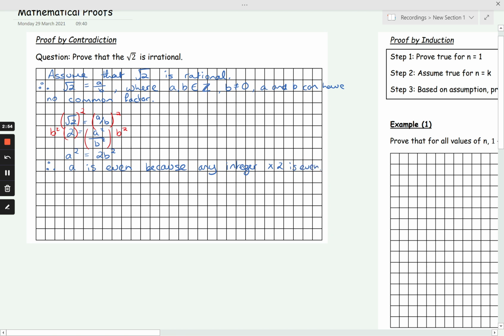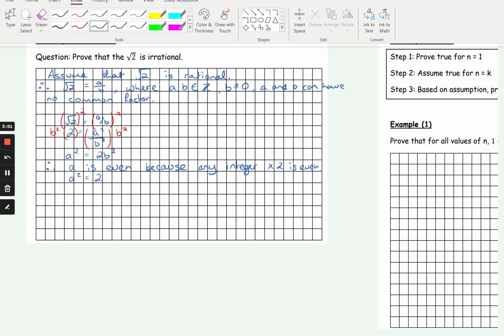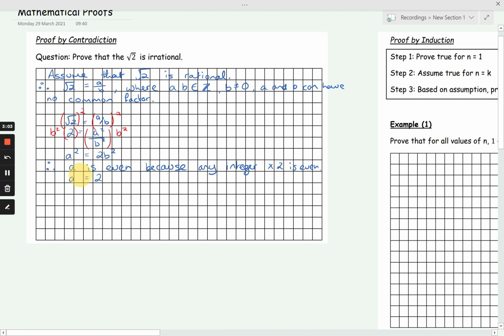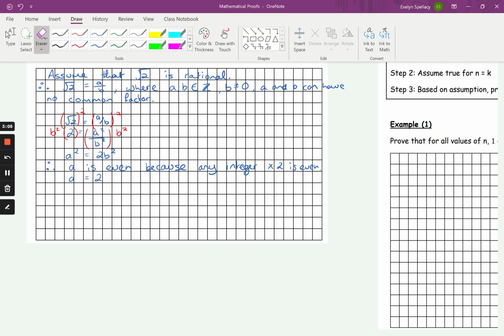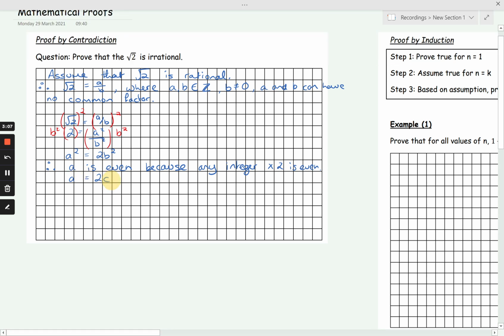So if a is an even number, we can say that a is going to be equal to 2 times any integer c, because it could be any even number. So we're introducing a new integer called c.